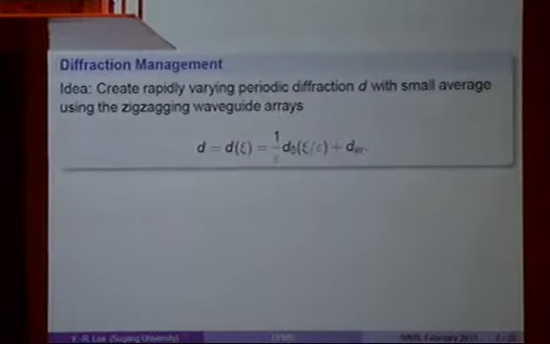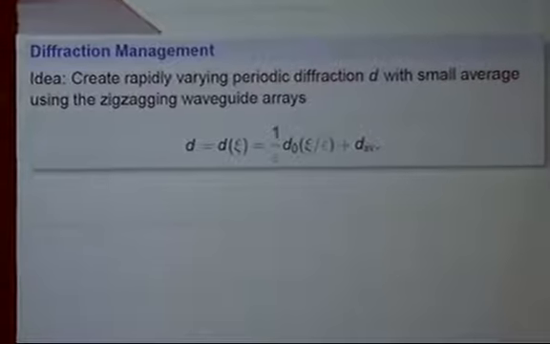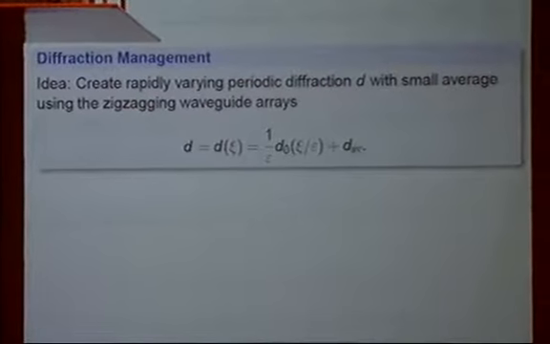So let's go back to the math. How can we have such a structure in math? Basically here we have that T, which was multiplied in front of the discrete Laplacian. We have a function of psi, which is 1 over epsilon multiplied by d sub 0 of psi over epsilon plus some constant d sub ab.